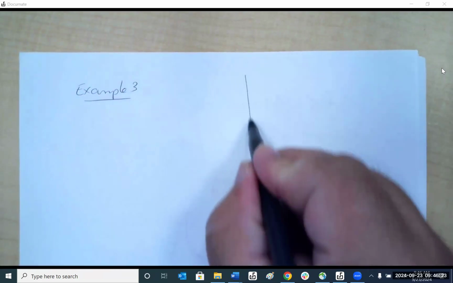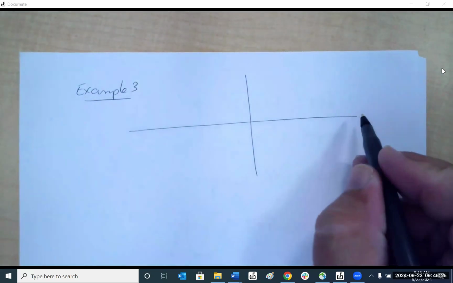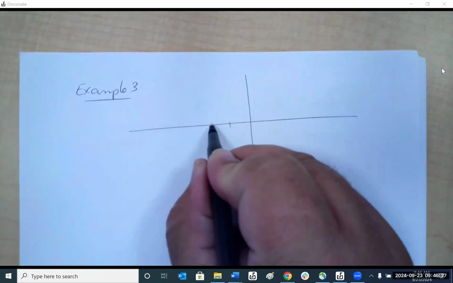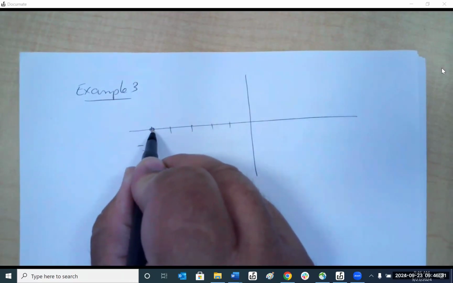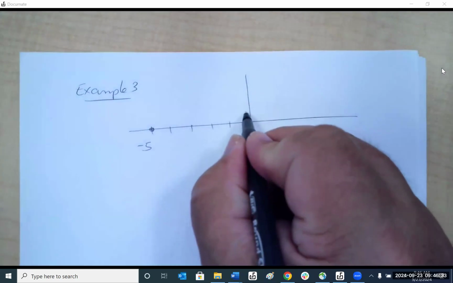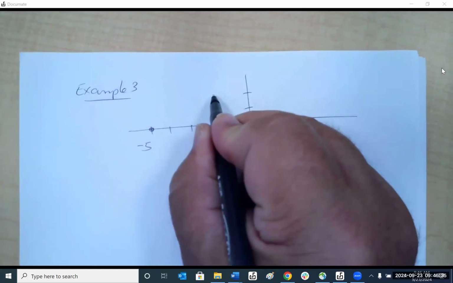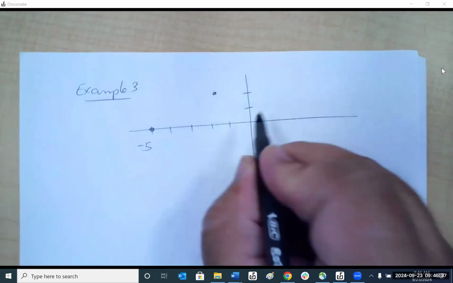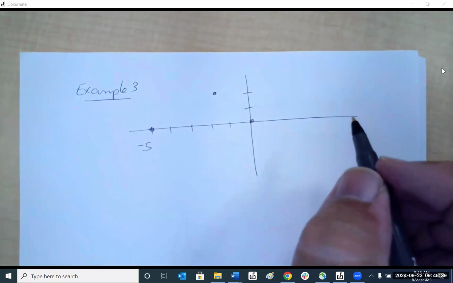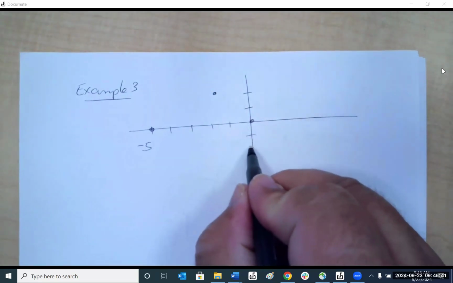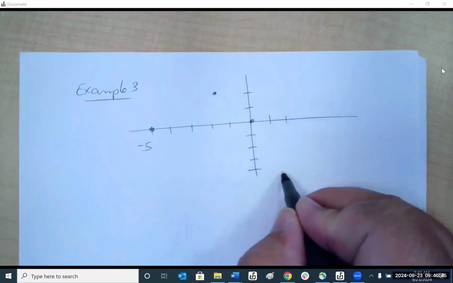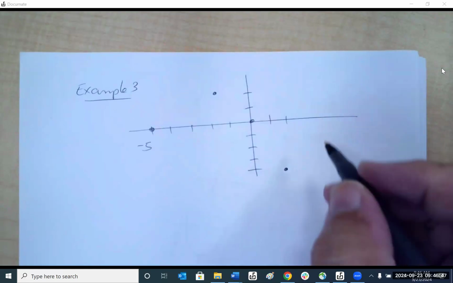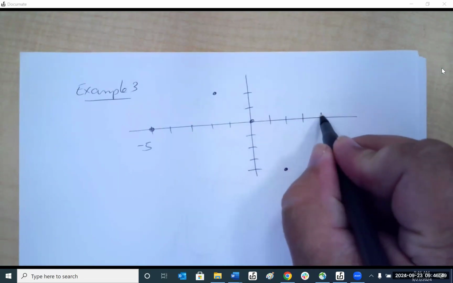Here's our graph. 2, 3, 4, 5. 1, 2. 0, 0. 1, 2, 3, 4. 3, 4.